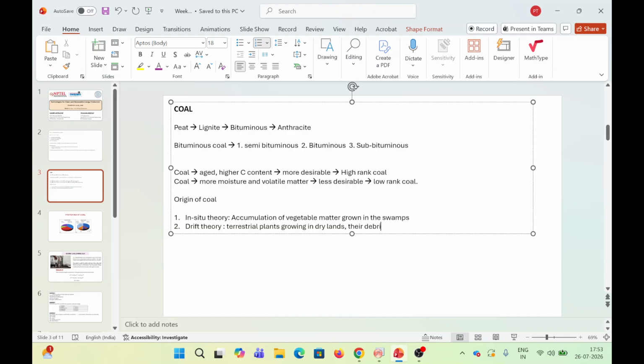Their debris are taken by water and are deposited underwater, in the lakes. So these are the two theories that are associated with the origin of the coal.